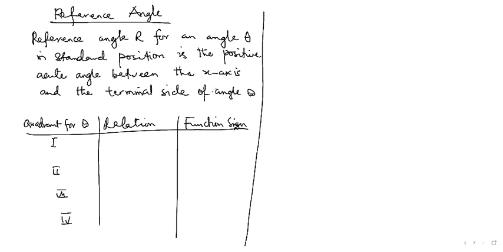This is a table that can help us identify reference angle with ease. In quadrant 1, please, all students take coffee. This is quadrant 1. In quadrant 1, your reference angle is equal to the same angle.